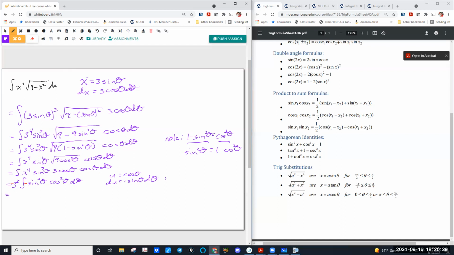The extra sine, we use it for our du. So we have minus 3 to the 5th. This is going to be 1 minus cosine squared theta, times cosine squared theta. And then here at the end, we've got the negative sine theta d theta.